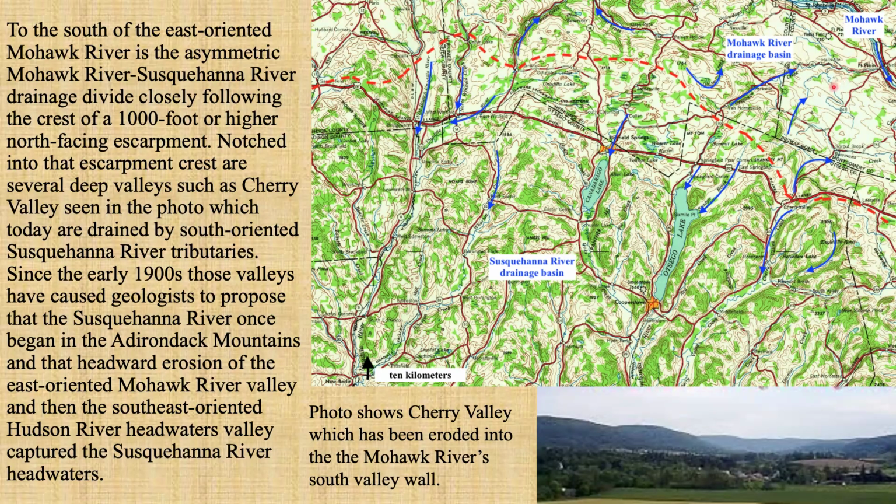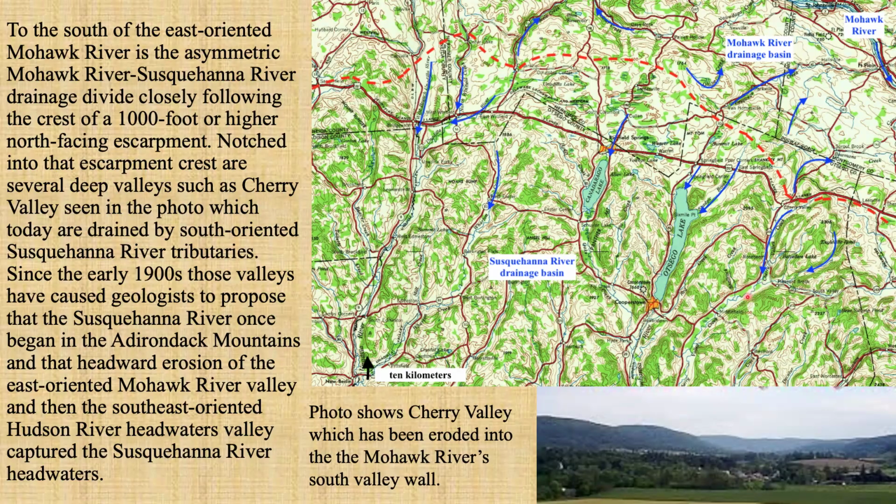And the drainage divide is almost right on the crest of that escarpment. And cut into that escarpment crest are the heads of a number of valleys here. One of them is Cherry Valley, which you can see a picture of here.